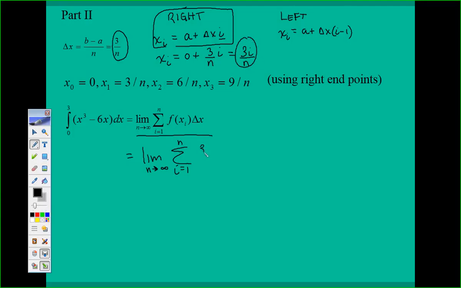So we would have 3i over n cubed, see here, that's where I've plugged that in, minus 6 times, now we're plugging in 3i over n for this x in minus 6x. So that's what our Riemann sum would look like at this point.